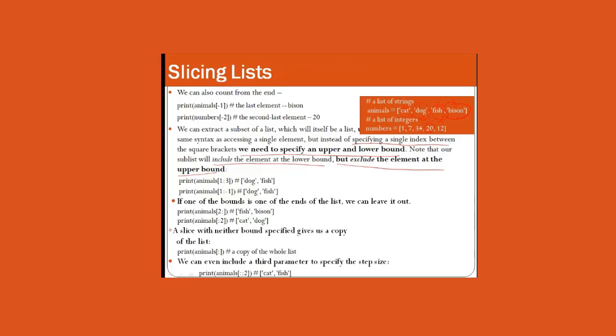Here nothing has been mentioned for the lower bound or the upper bound, and then this is your step size of 2. So it is jumping: first starting with cat, then it will give you fish.